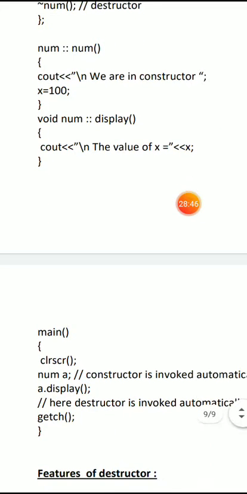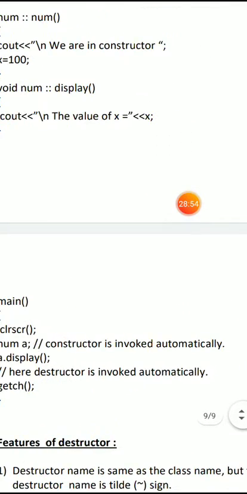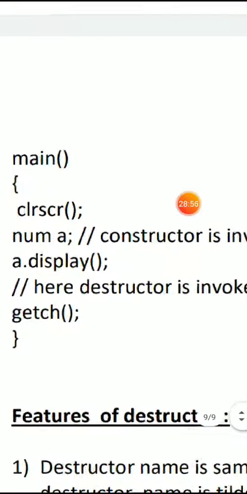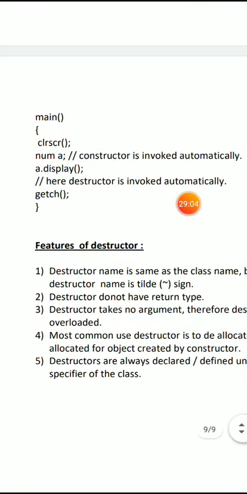Then after allocating memory for the object, it has to deallocate the memory. So here the destructor is called automatically after this point, after the display function, and then the get function is invoked. I hope this point is also clear. If not, later on I will repeat that part in the class during working days.